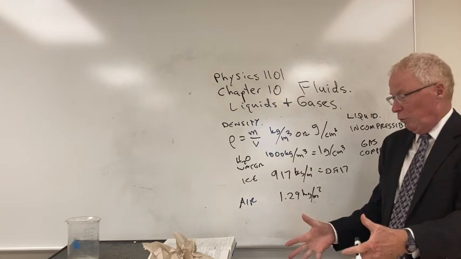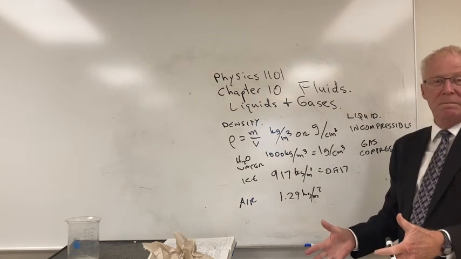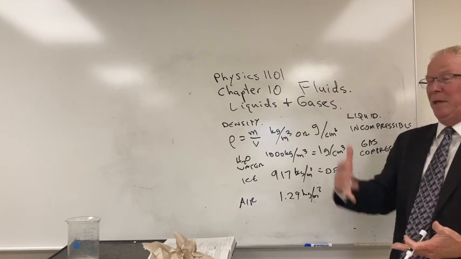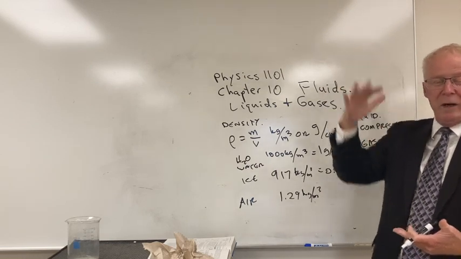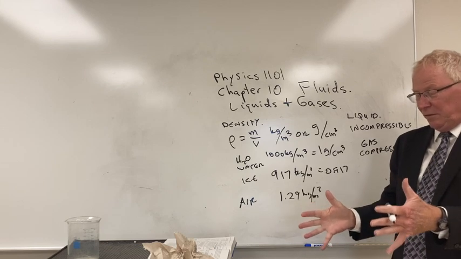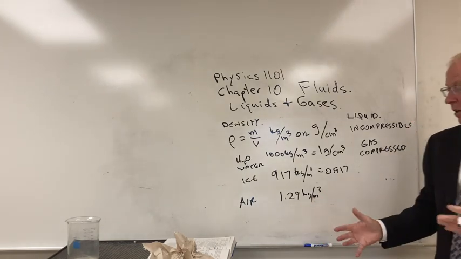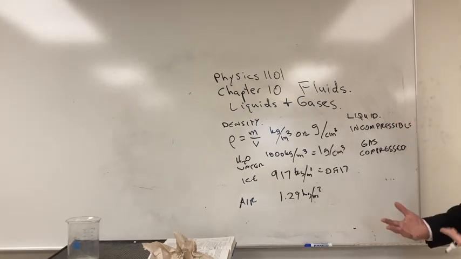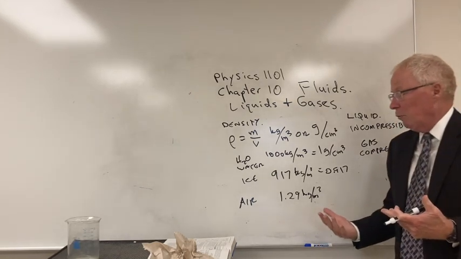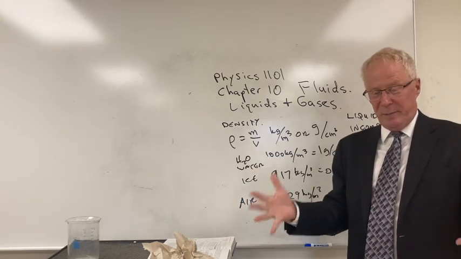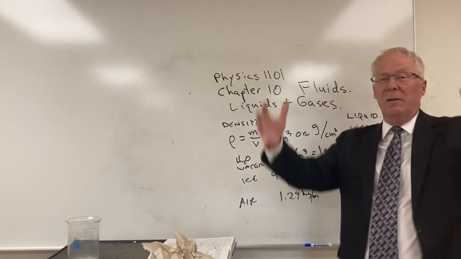Basically, liquids and solids are incompressible. The pressure, as we'll see, goes up because the pressure is based on the weight, but the volume itself, the density, is not changing. Air, on the other hand, gases are compressible. And that's what we'll see when we talk about pressure. Pressure is based on the weight of everything above it.